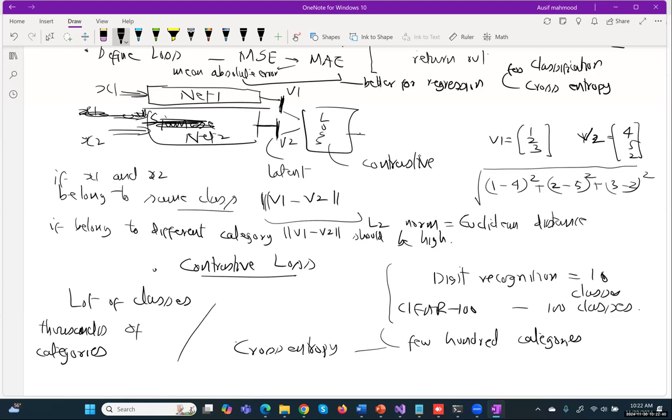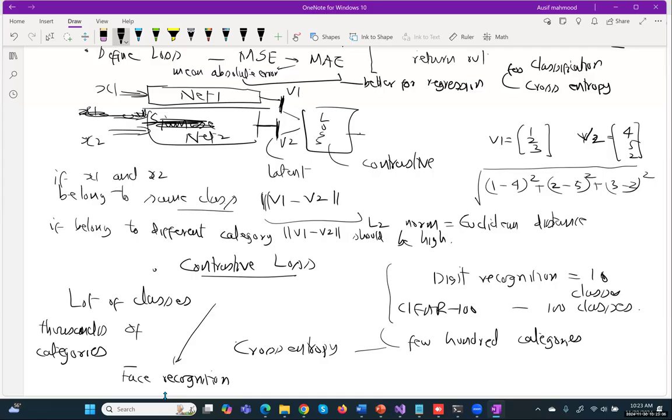For example, last lecture I gave you the example of face recognition. If we wanted to recognize every person in the world, we have 6 billion people. Given a picture, if we created 6 billion outputs in our network, the weight matrix would be so huge that we'd never be able to do it in practical terms.